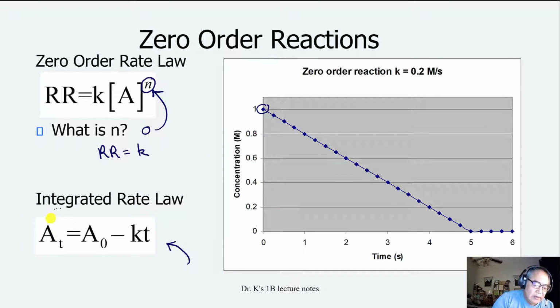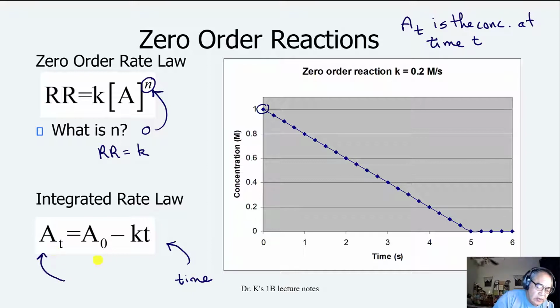A sub t is the concentration at time t. So t is the time, and A sub t is the concentration at that time.